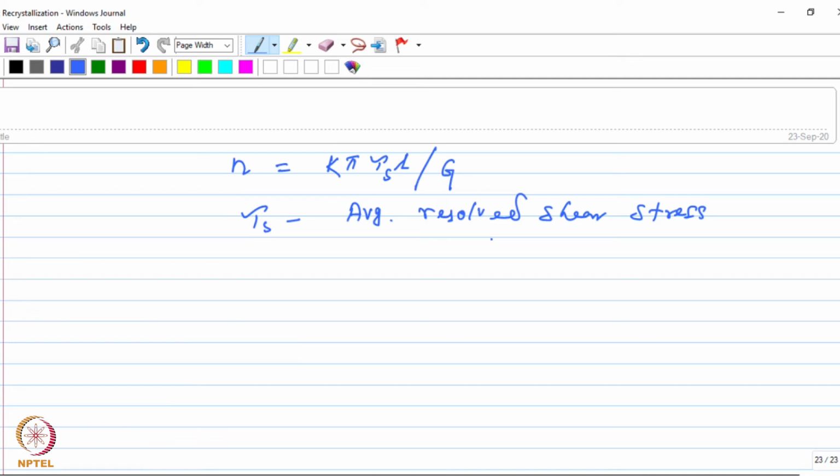And the other parameters are already known. G is the shear modulus, L is the length of the pile-up, and b is the Burgers vector. So you can say that a pile-up of n dislocations is equivalent to a dislocation of strength nb.